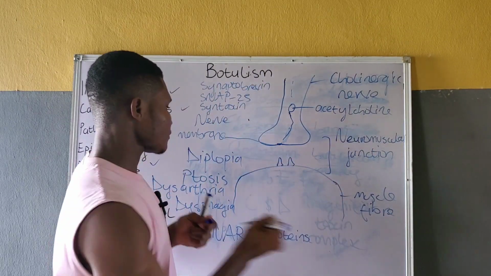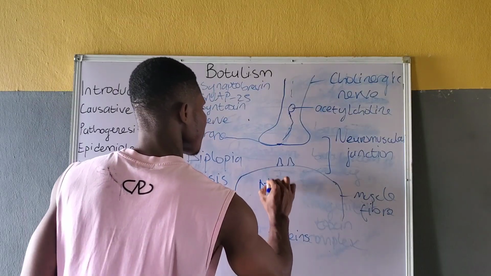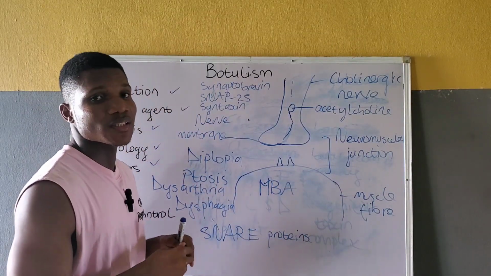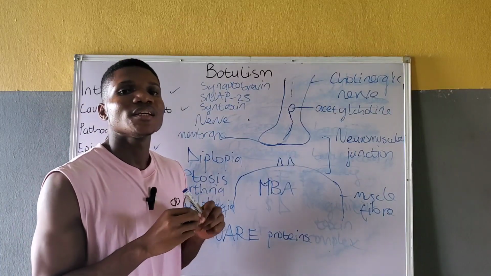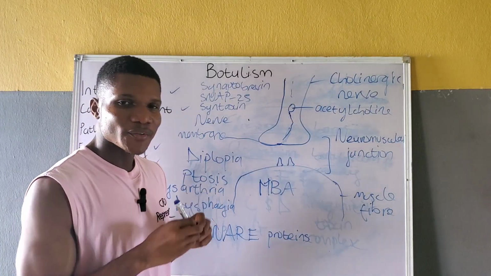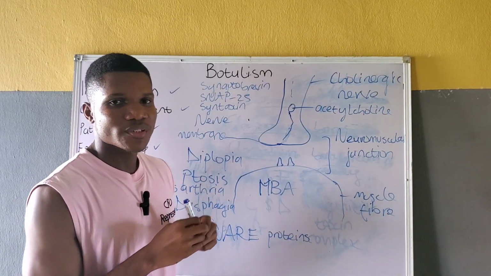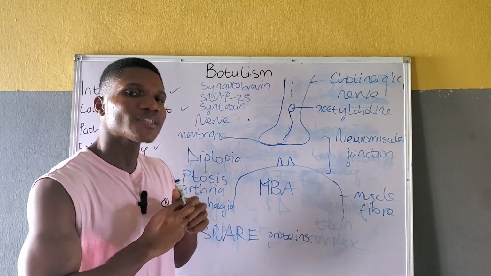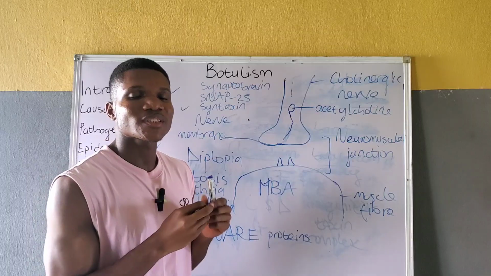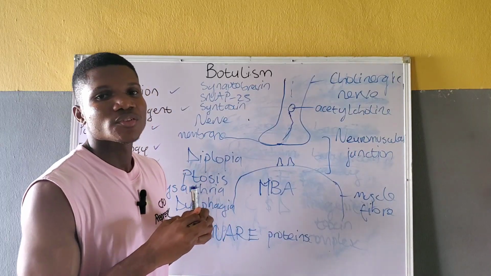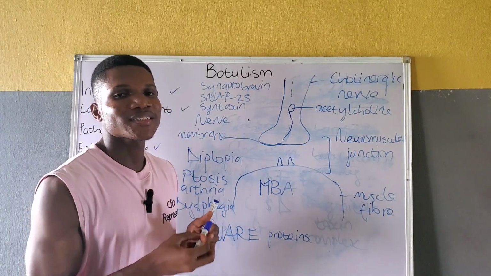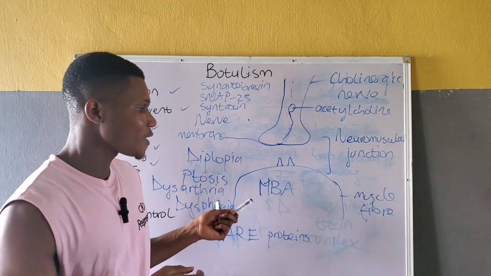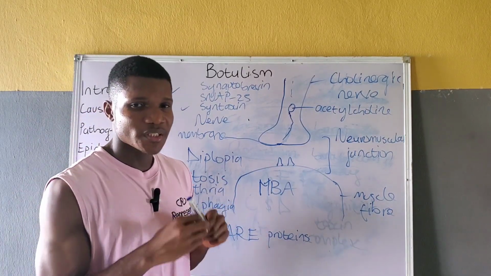The MBA, that is the mouse bioassay, is the gold standard in the laboratory diagnosis of botulism, but it is actually ethically limited. It involves the inoculation of sample into mice to evaluate the signs and symptoms of botulism after about 4 days of incubation.